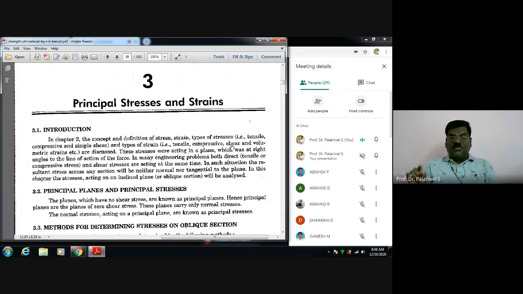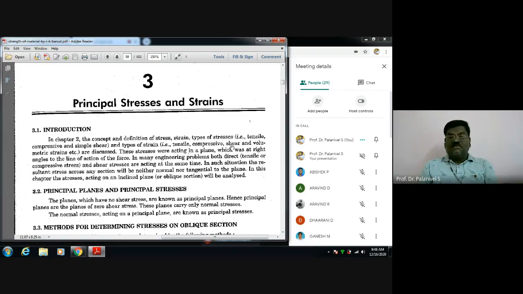Once you have done stress analysis, it means once you have located the principal plane in that body, computed the stresses induced in that material, the strain developed, the maximum shear stress, that is pure shear, the resulting shear strain, and the principal stresses and corresponding strains, that is called stress analysis.